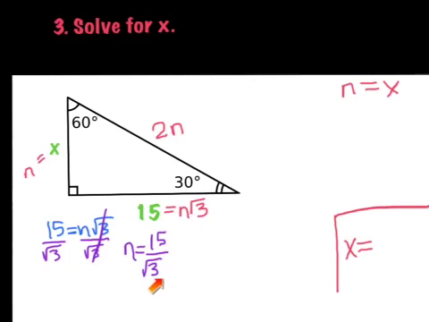It's just not simplified. So we can't leave a square root like this. So here's how you get rid of the square root of 3 in the denominator. It's called rationalizing the denominator.